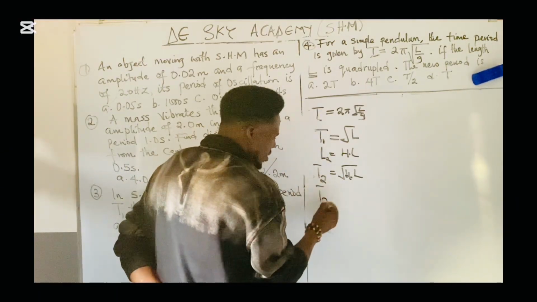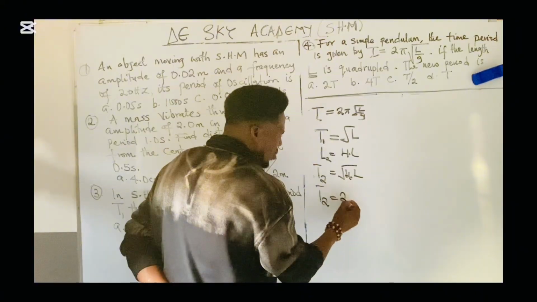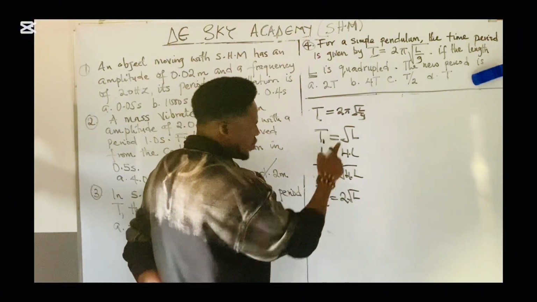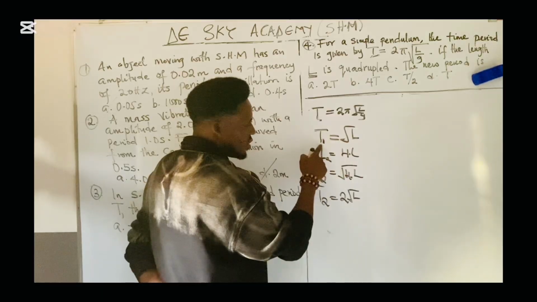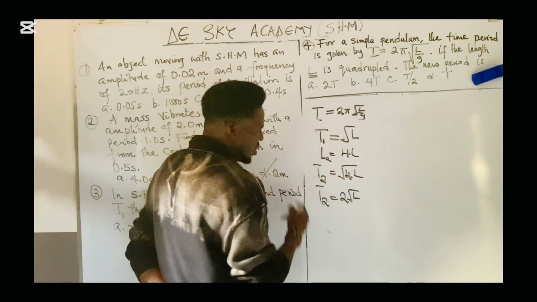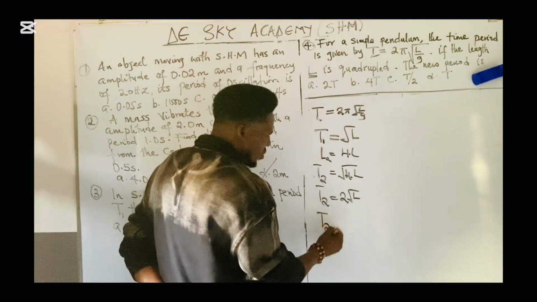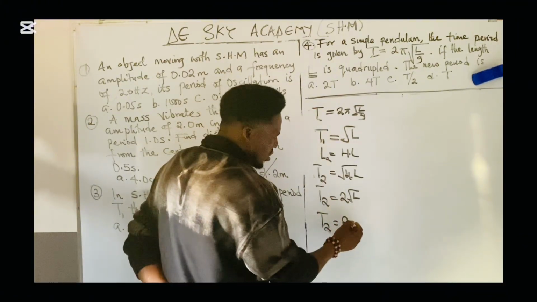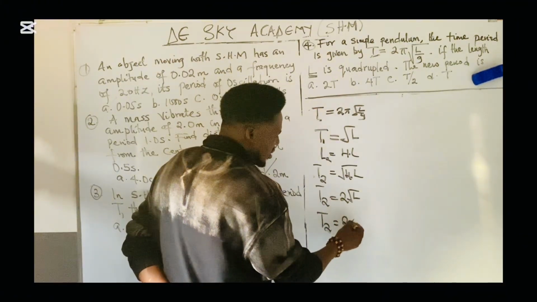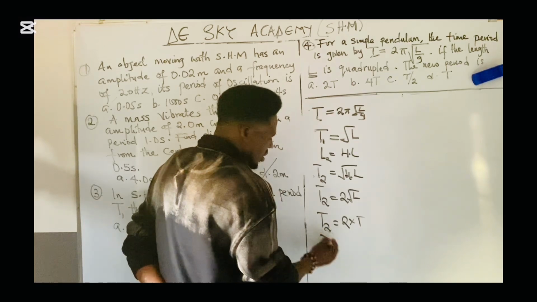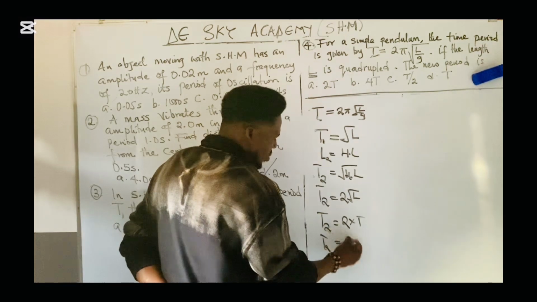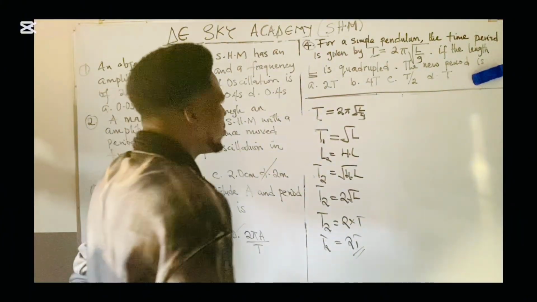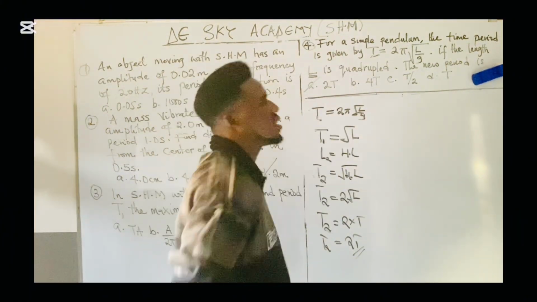So T2 will now be 2 square root of L. What is square root of L? That is T1, which is also T. I will have it that T2 is equal to 2 times the original period, 2T. Do you have anything like 2T in the options? Yes, option A. That is the correct answer.